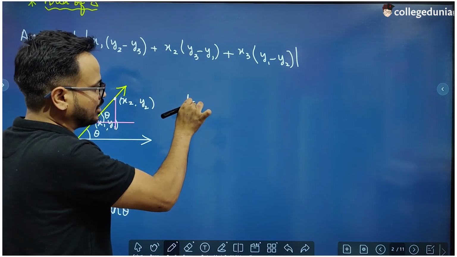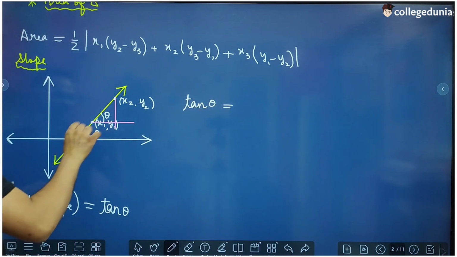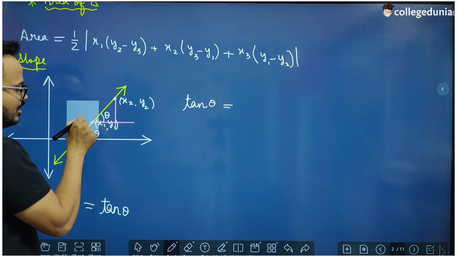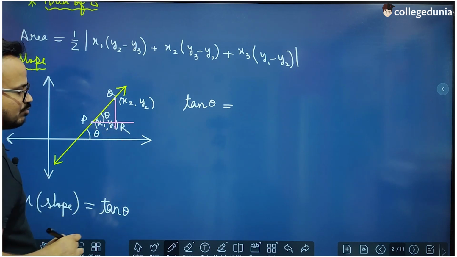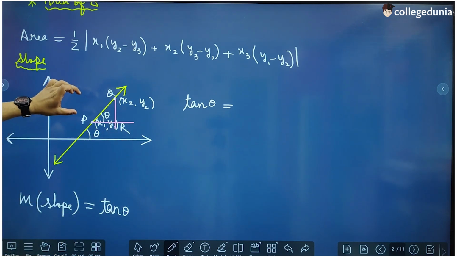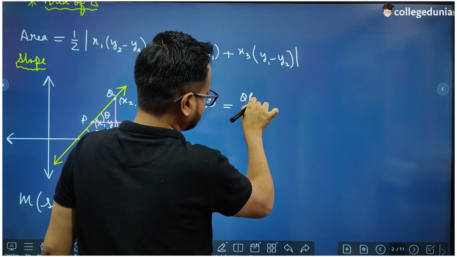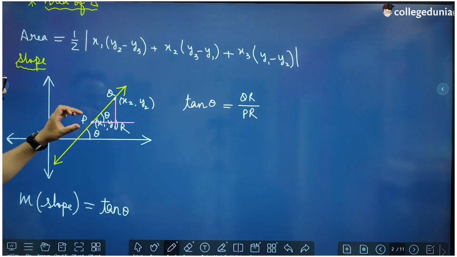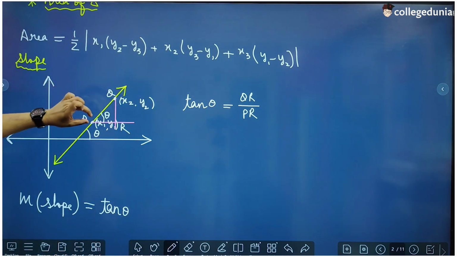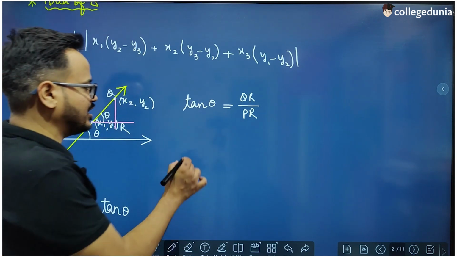In this triangle, tan theta is simply, let us say this point is P, this point is Q, this point is R. Then obviously tan theta is QR by PR, perpendicular by base. So QR is what? If this is x2 y2, this is x1 y1, then obviously, as we discussed earlier, this is y2 minus y1 and this is x2 minus x1.